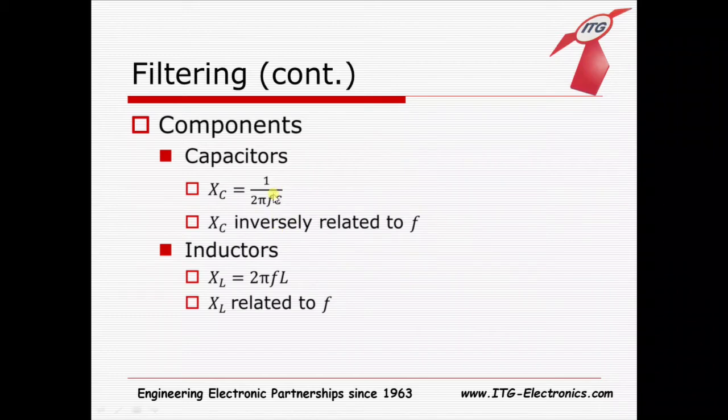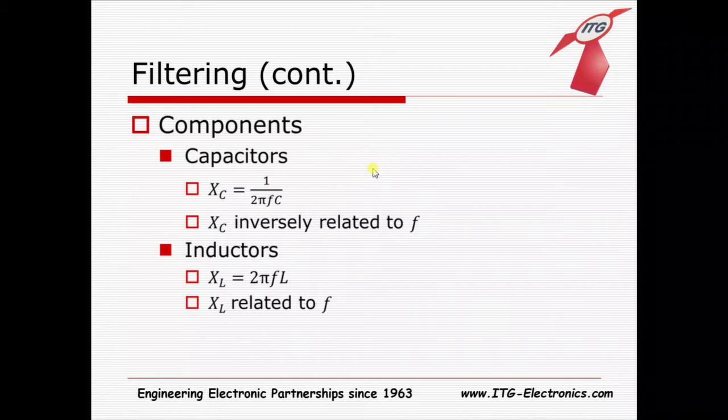So the other symbols that you may not know here are F, frequency, and C, that's going to be the value of the capacitor in farads. And what you can take away from this formula is that the XC, the impedance of the capacitor, increases as frequency, which is on the other side of the equation in the bottom of a fraction, decreases.